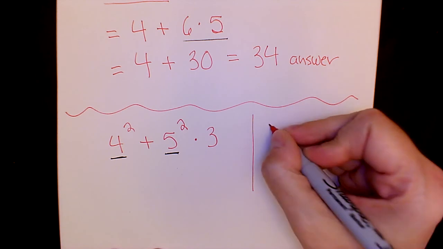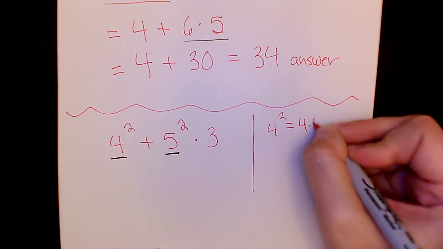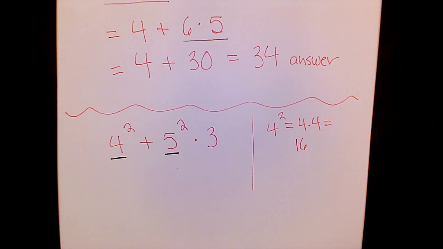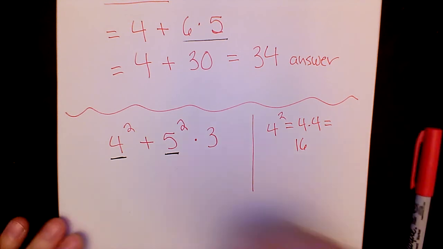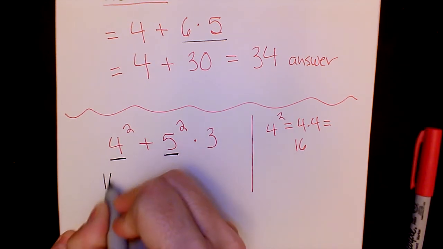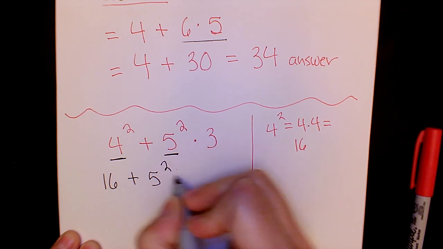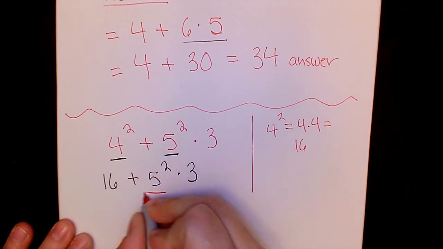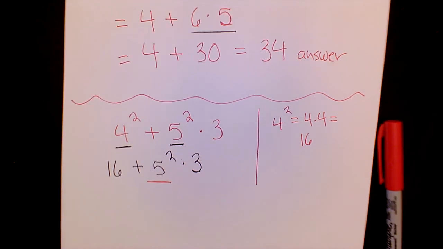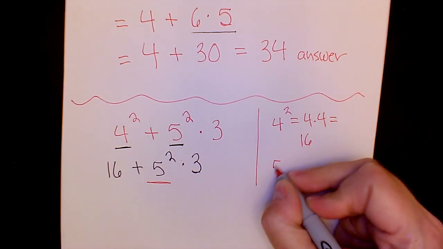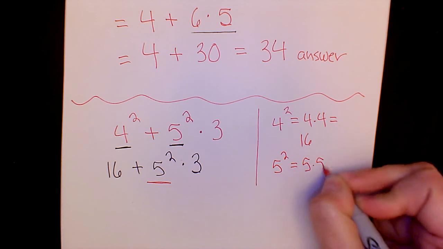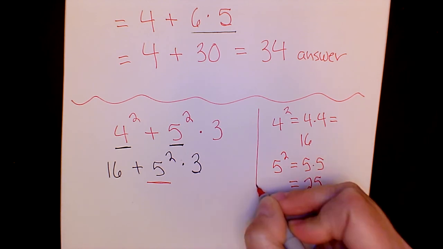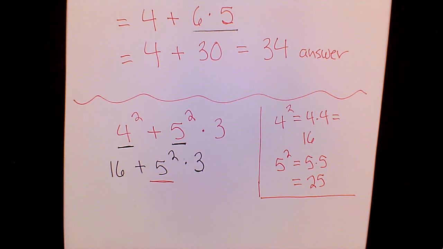So 4 squared is 4 times 4, which is 16. And we still have an exponent. We have 5 squared. So we're going to do that next. And 5 squared is just 5 times 5. And 5 times 5 is 25.